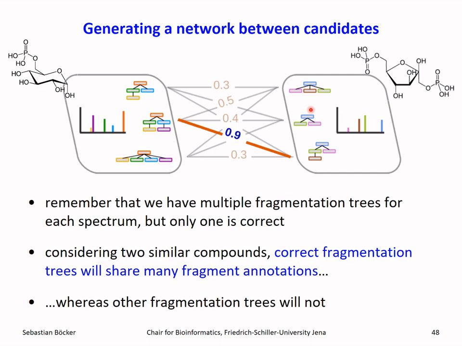It is wrong, so many fragments will also be wrong. So there will be a little bit of similarity. Smaller peaks will also be explained with the same molecular formula, but there will also be a lot of differences. So our hope is that in these cases, the two correct fragmentation trees will get the highest score. And they will sometimes, and sometimes they won't.